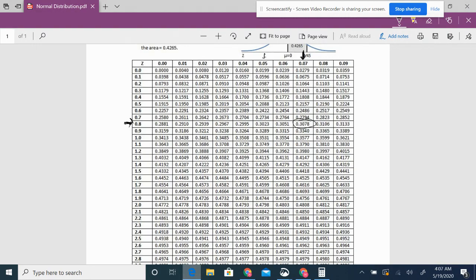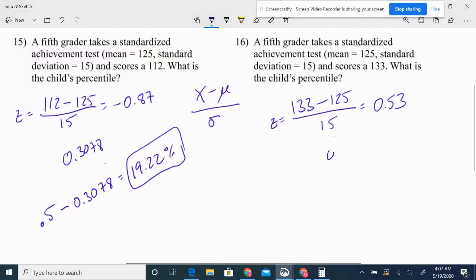I'm going to use my chart. 0.53. So 0.5, up to my first decimal place, is right here. My second decimal place is here. So 0.53 is 0.2019.